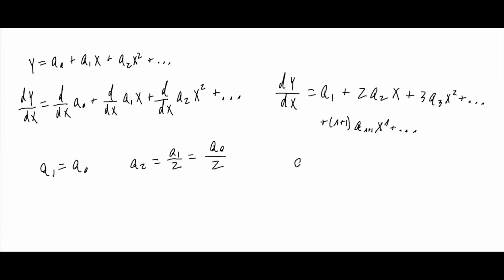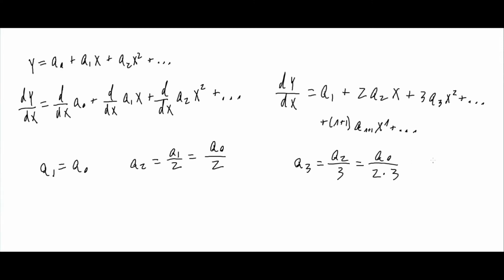And then if we have a3, that equals a2 over 3, because we have this 3a3x squared and then this a2x squared. So if we divide both sides by 3, then we end up with this a3 equaling this a2 divided by the 3. But we already know that a2 is equal to a naught divided by 2, so we can set this to a naught over 2 times 3.